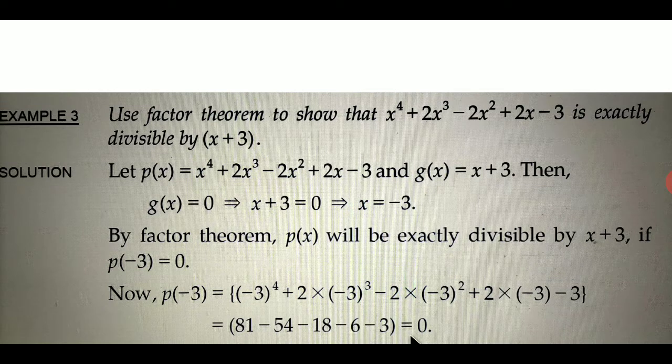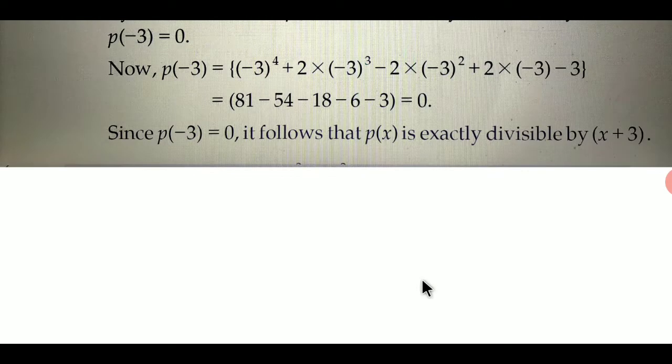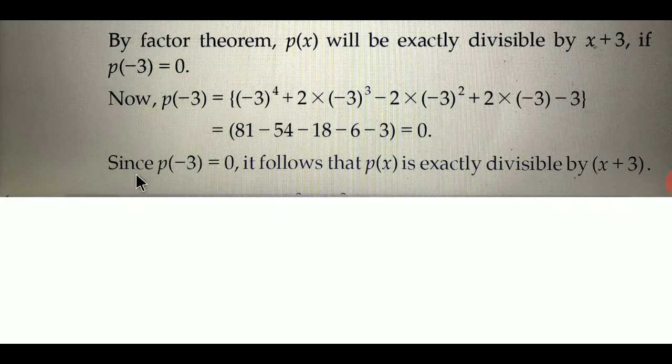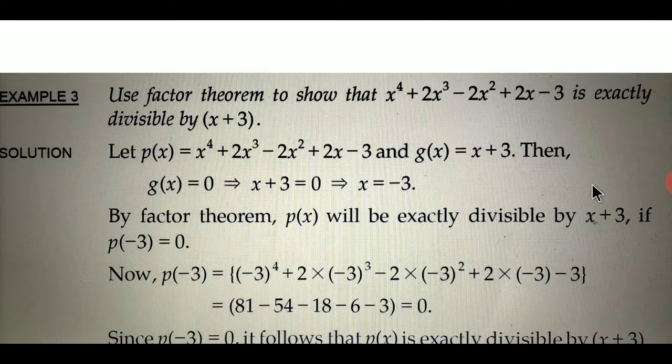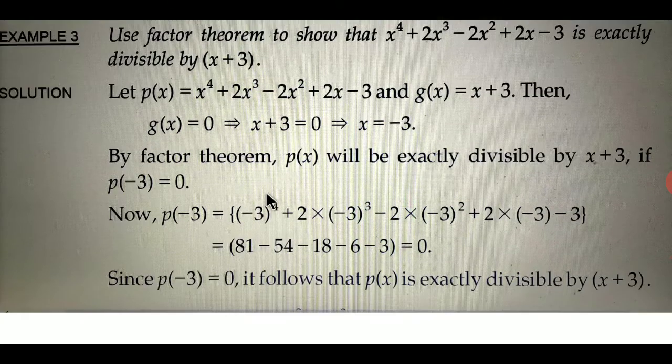You will get 0. Therefore, since p(minus 3) is 0, it follows that p(x) is exactly divisible by x plus 3. That is, this p(x) is exactly divisible by this x plus 3. Done.